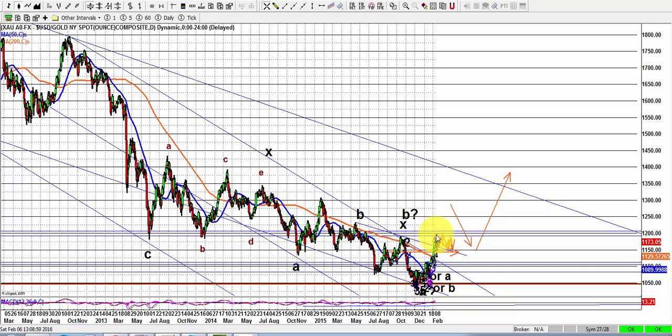Then we could see another surge, either as a new bull market, which I frankly don't think is coming at this point in time, but we could see enough of an upside movement to give something like a 50 or 70% rise here from current levels.